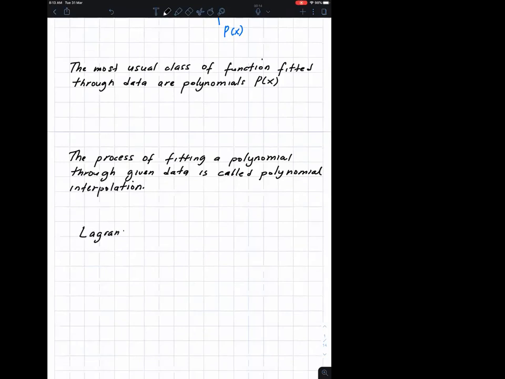Let's see what a Lagrange interpolating polynomial is through this example.